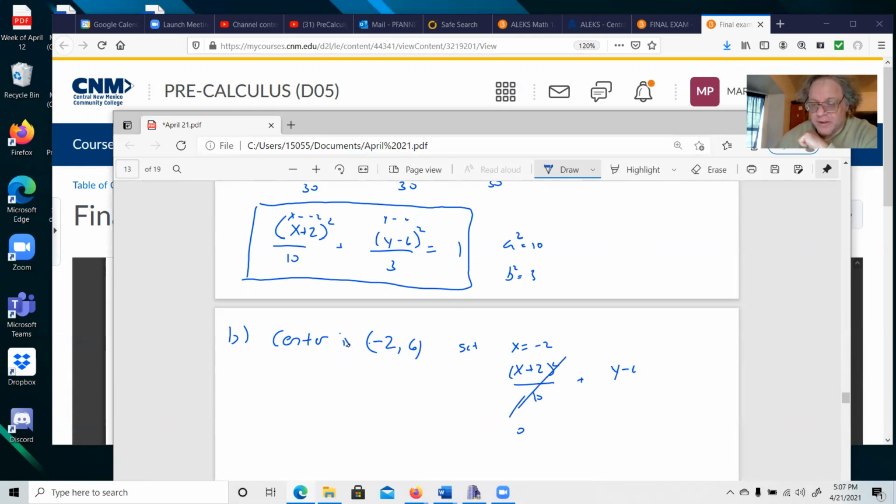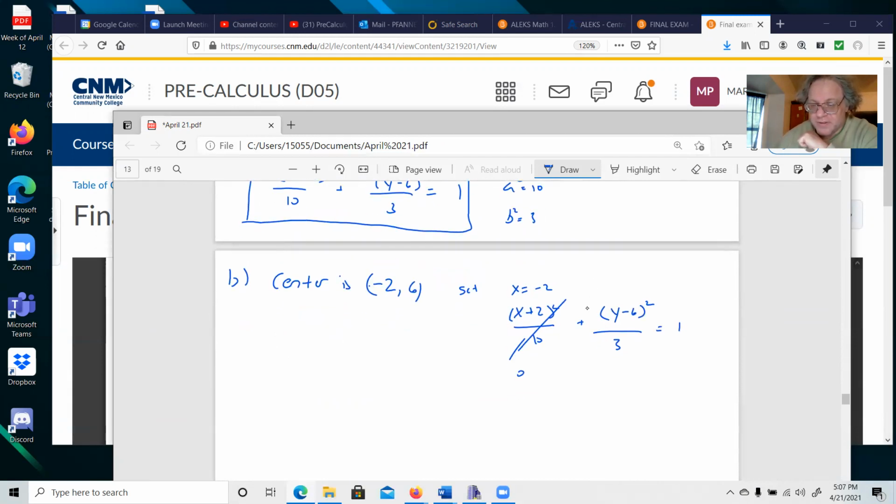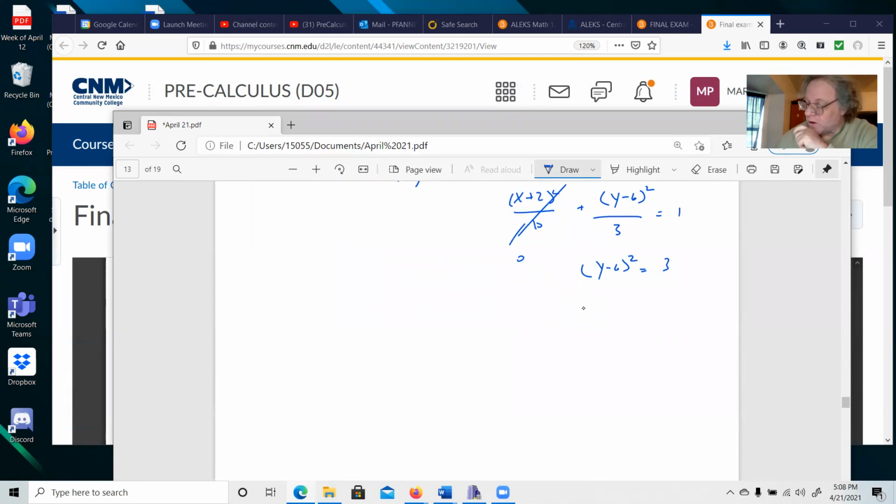Plus (y − 6)² over 3 is equal to 1. So we get (y − 6)² equals 3. Take the square root of both sides: y − 6 is equal to plus or minus the square root of 3. So y is equal to 6 plus or minus root 3.